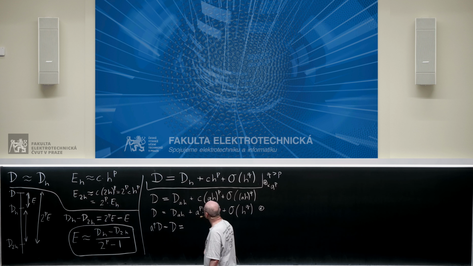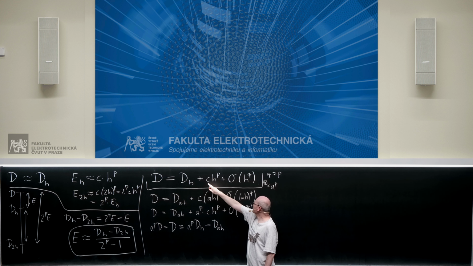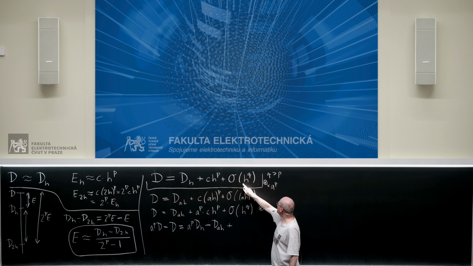So far, so good. I multiply this by a to p, and subtract this one. So far, so good. I multiply this by a to p, and I subtract, and it cancels. Great. I multiply this by a to p, and this is just a constant. Constant multiplies the tail.